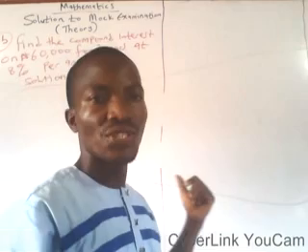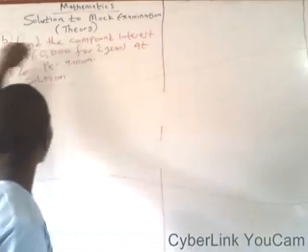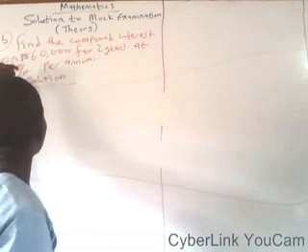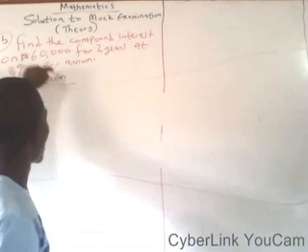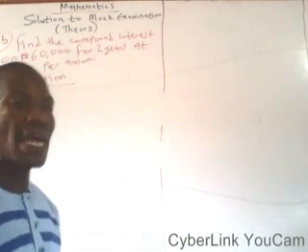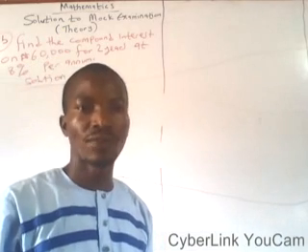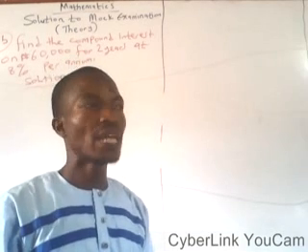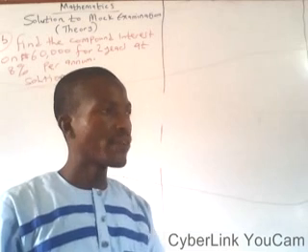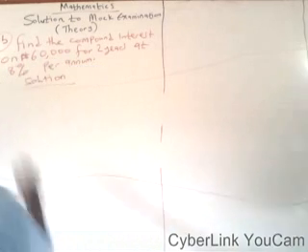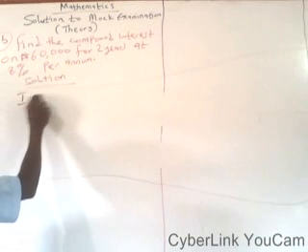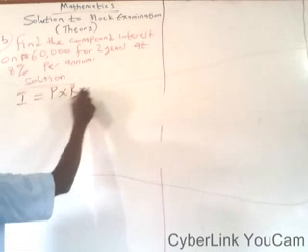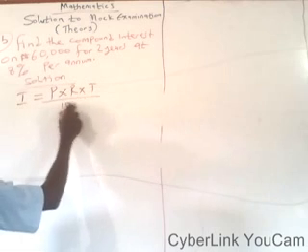Now here you have to find the compound interest on 60,000 naira for 2 years at the rate of 8% per annum. There is a formula for it. The general formula is I is equal to P times R times T all over 100.